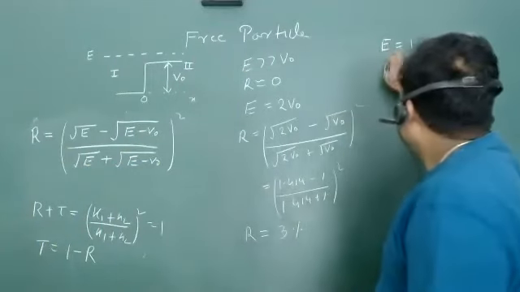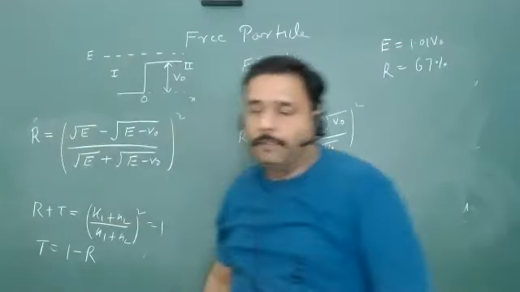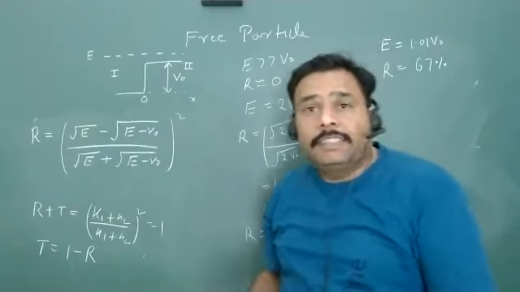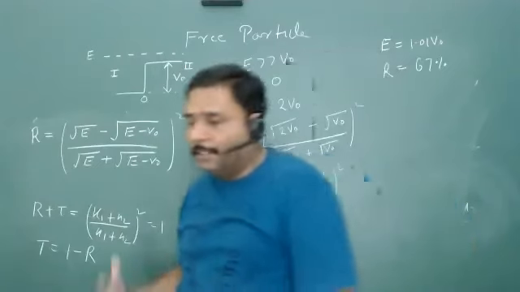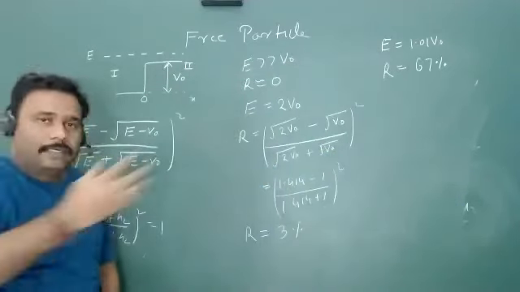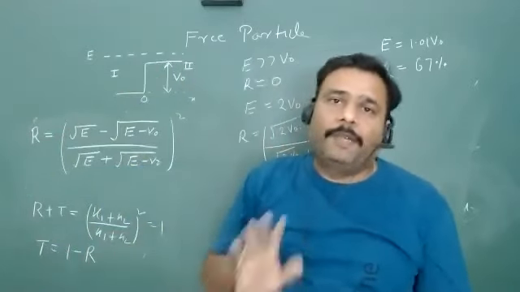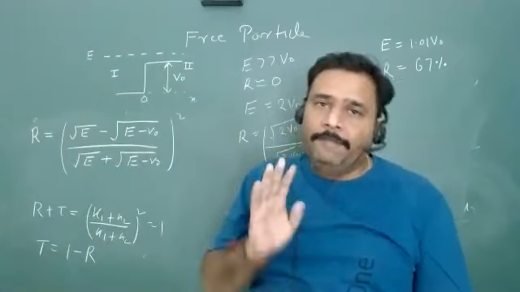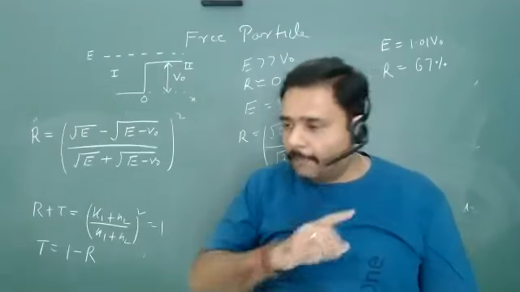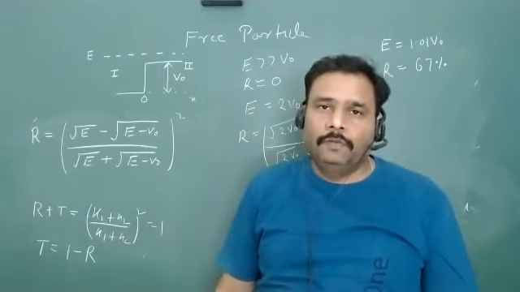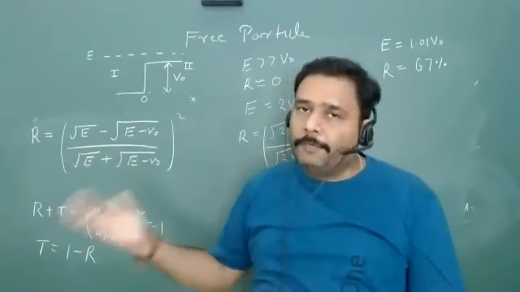And if I take the energy 1.01 V naught, near this particular V naught, then 67 particles come back. My goodness. If I am sending 100 particles, and every particle is identical, don't worry, every particle is identical, even if they are identical and the initial conditions are the same, they are not following the same trajectory. And this is basically our observation.